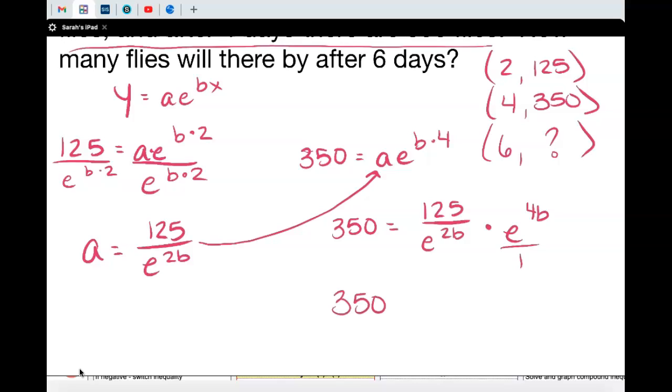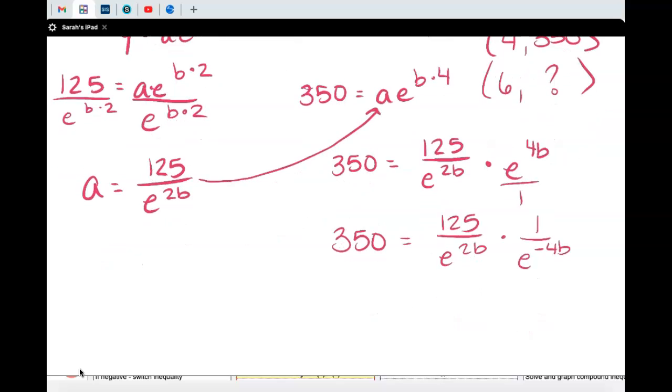Riley wants to flip it, so that way my e's are in the same spot. So we have 125 over e to the 2b, and 1 over e to the 4b. This is one way to do it. There's many different ways to do this. So now you can combine the exponents by adding them, since they're both in the denominator.